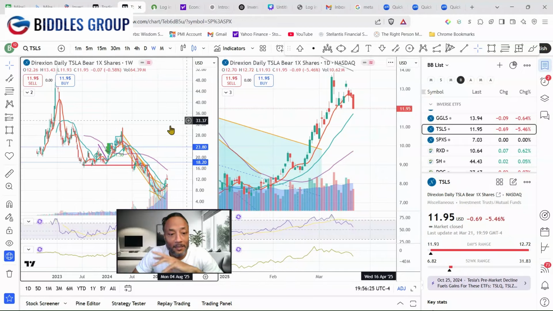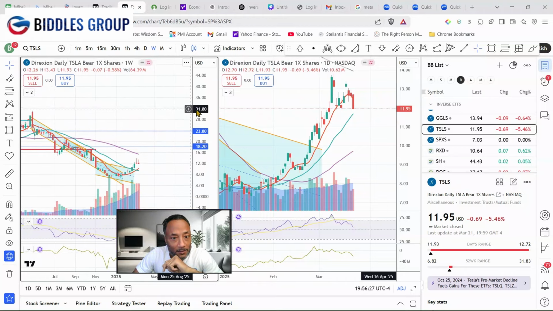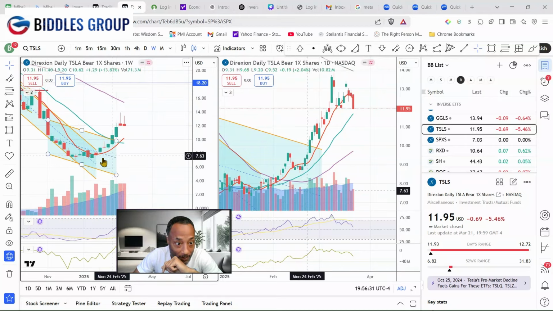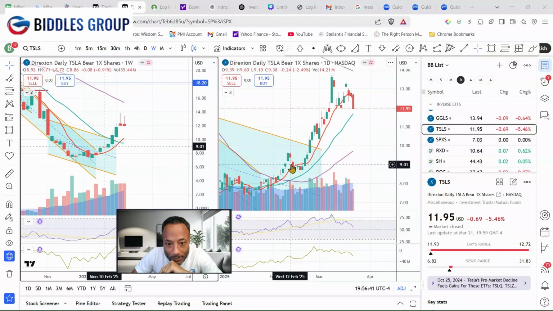But if you had an inkling that Tesla was struggling around February 3rd, Monday, February 3rd, you would have got in on this run here from February 3rd.